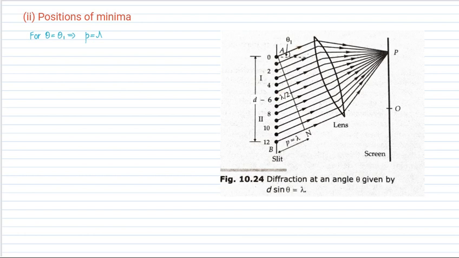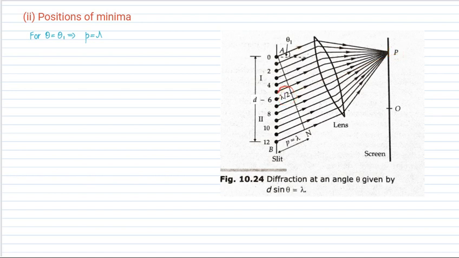In such a case, the light produced by point 0 and the light produced by point 6 that come to this point P have a path difference of lambda by 2.